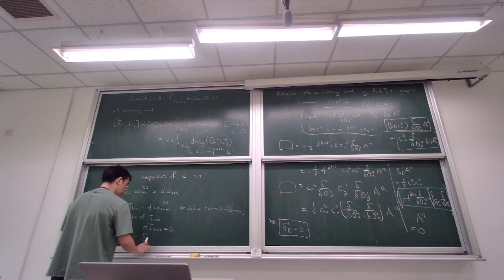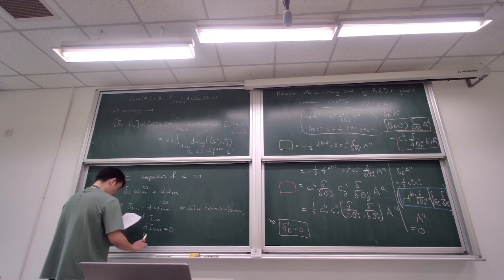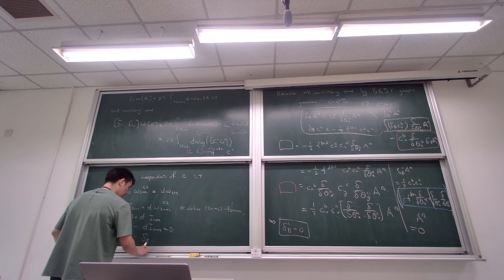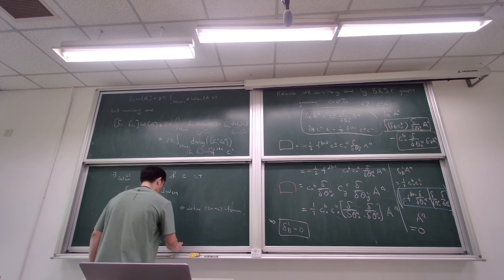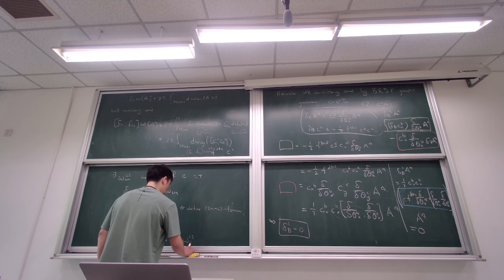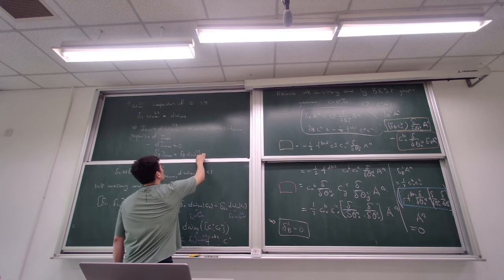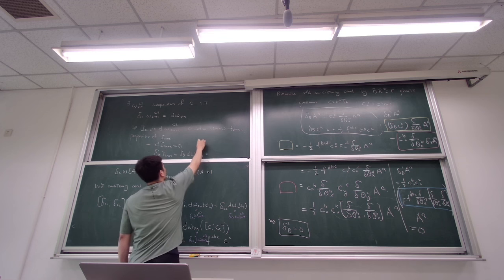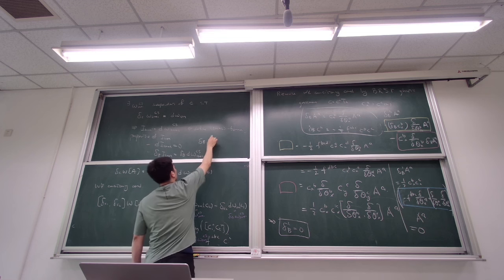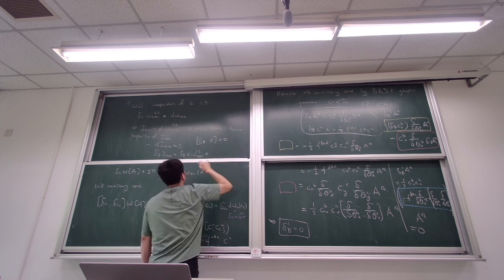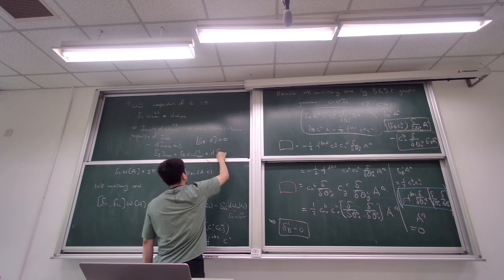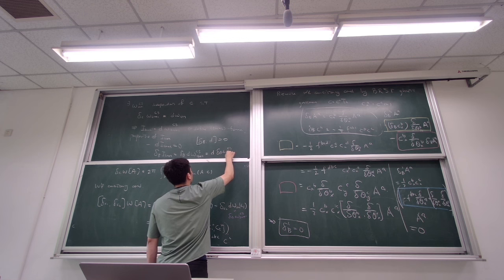Another thing is δ_b I^(2n+2) is equal to δ_b dω Chern-Simons (2n+1). Since δ_b is a gauge transformation and d is the exterior derivative, they should commute. So therefore it is d δ_b ω Chern-Simons (2n+1).